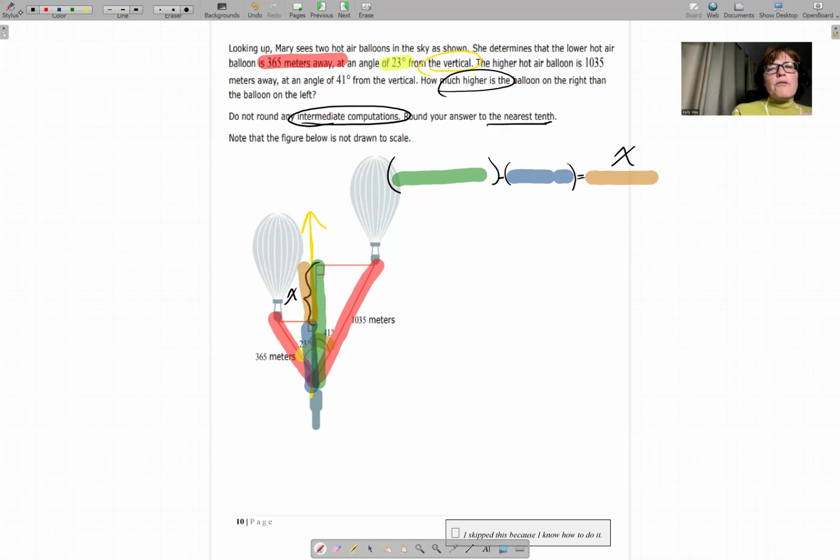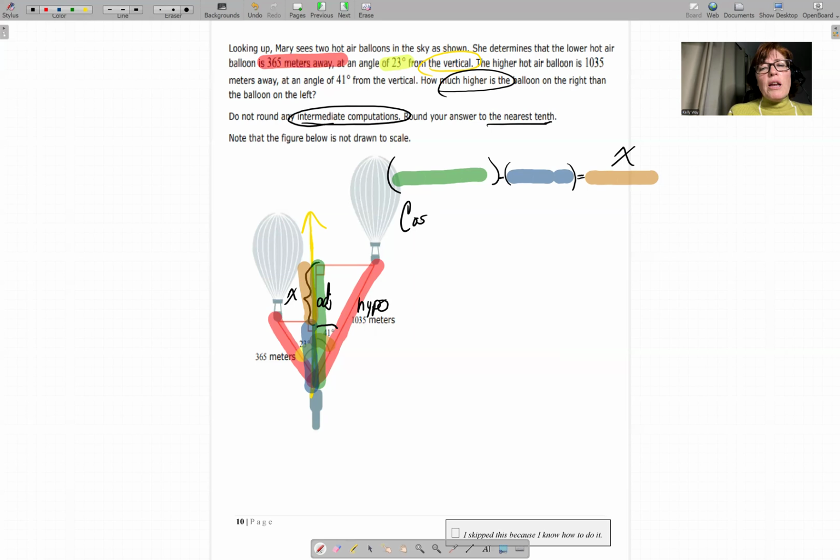Let's go for the green first. The green, from the 41, this is adjacent and this is hypotenuse. So to find the green, we would do this.